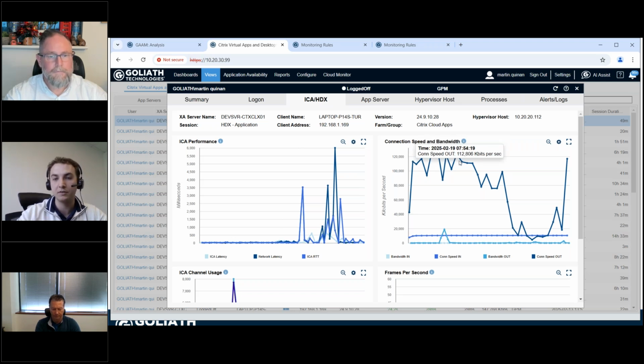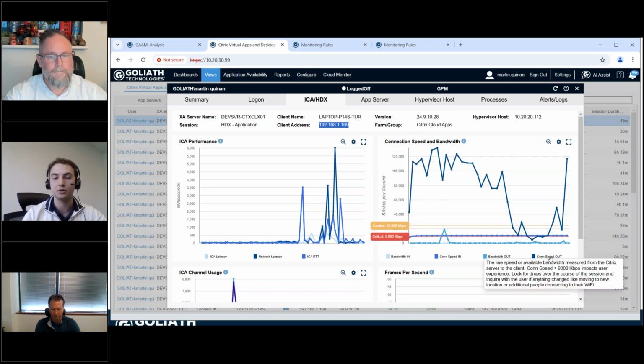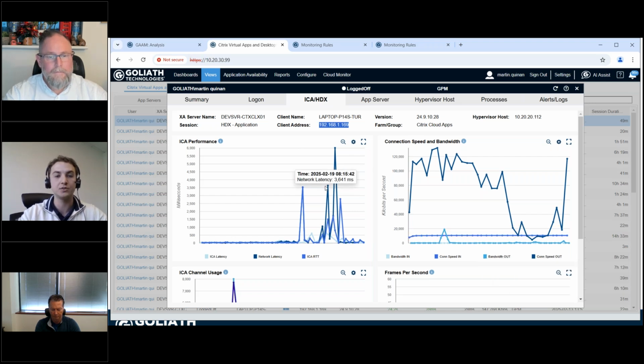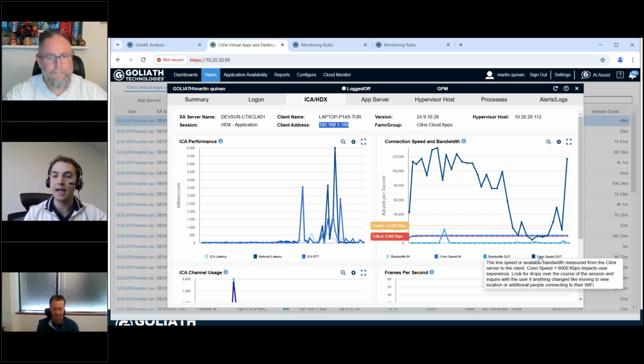Seeing the exact amount of connectivity that Citrix has available to it on the client device at the client location over the course of the session. You can see very quickly here, again with those caution and critical threshold lines, that when the user is experiencing issues is exactly when they're experiencing a sudden drop in connectivity, and Citrix does not have access to enough data or bandwidth to support a satisfactory Citrix experience.